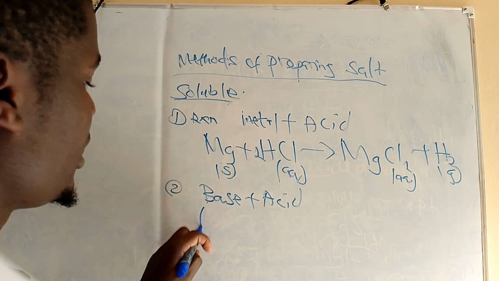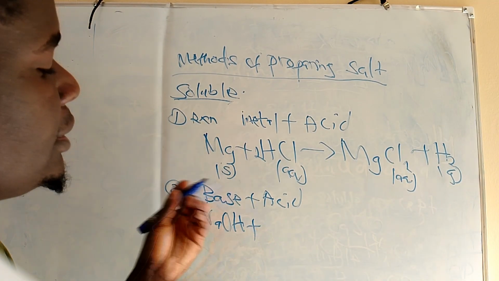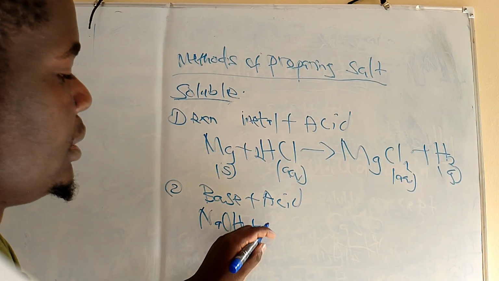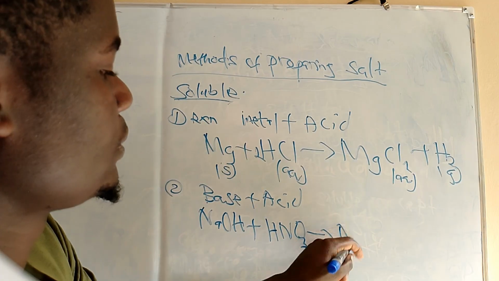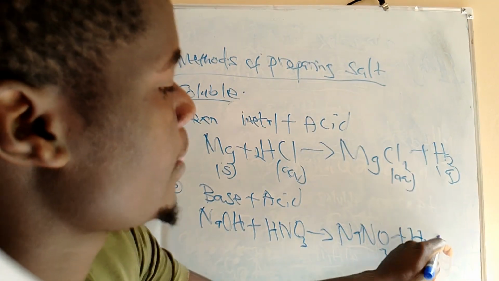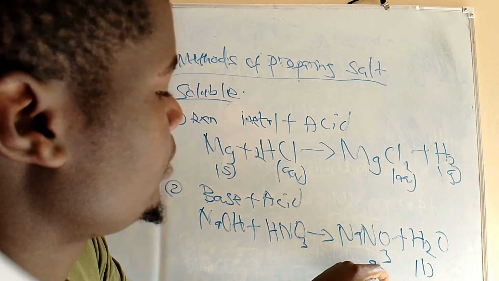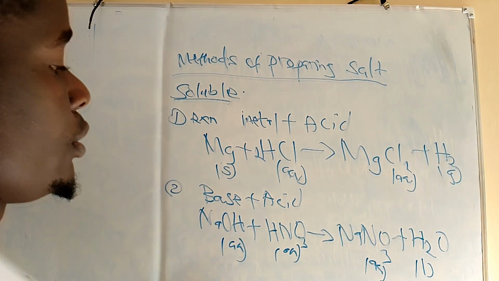So like now we can have sodium hydroxide plus dilute nitric acid to give us sodium nitrate plus water. That's another way of preparing soluble salt.